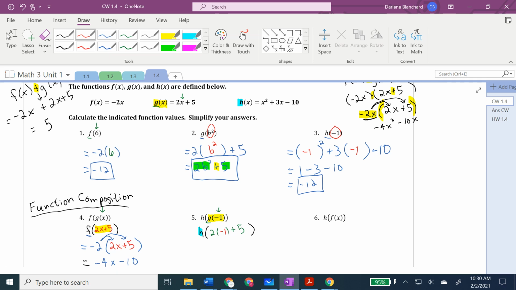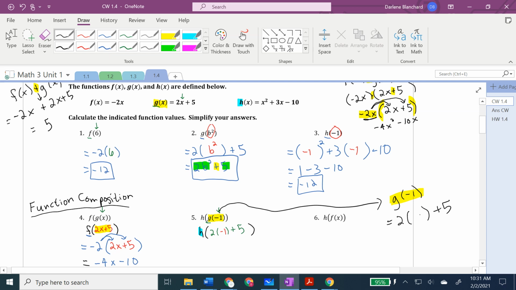And I want to say again, you may want to not do it all together at once. What you could do instead is just take that g of negative 1, and I'm going to bring it over here. And go g of negative 1 equals 2 times x plus 5, put the negative 1 in, find what that is, it's 3, and then go to h and plug 3 in.